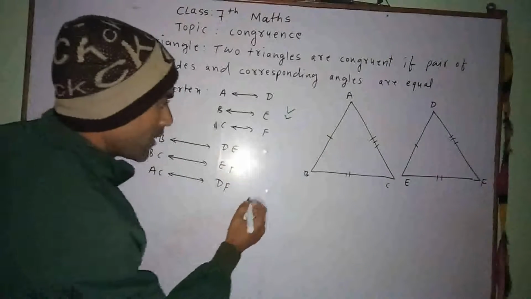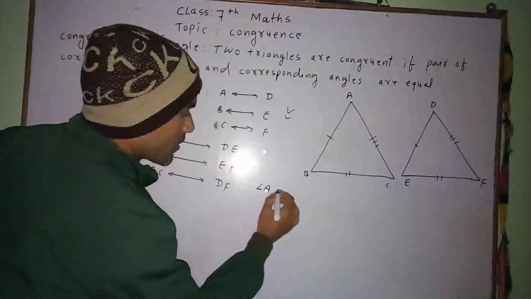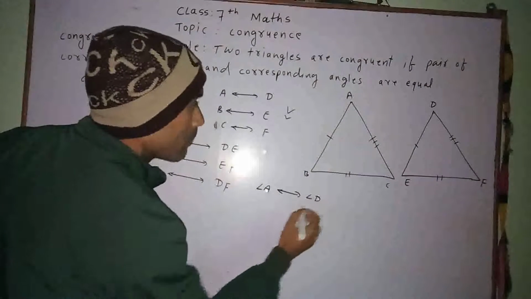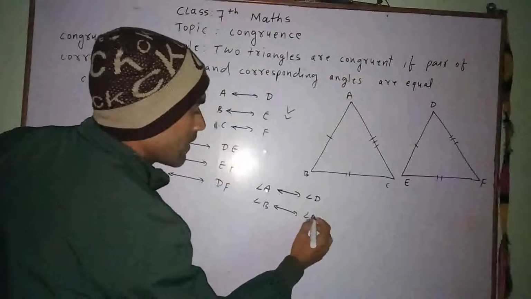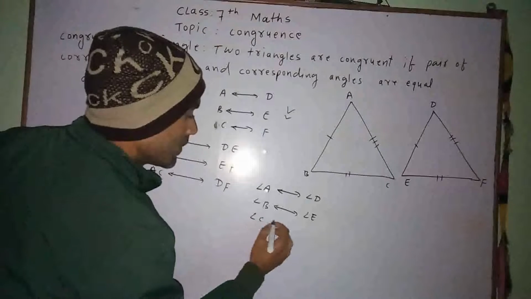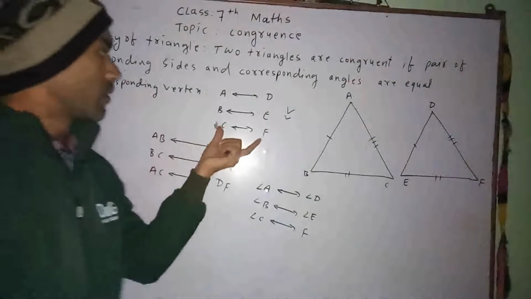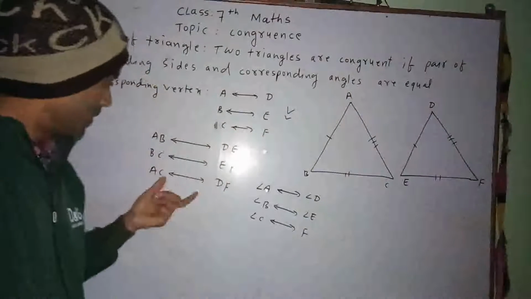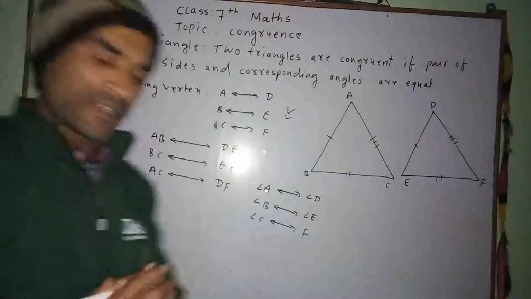One more thing, let me tell you about corresponding angles. Angle A corresponds to angle D, angle B corresponds to angle E, and angle C corresponds to angle F. These are corresponding vertices, these are corresponding sides, and these are corresponding angles.